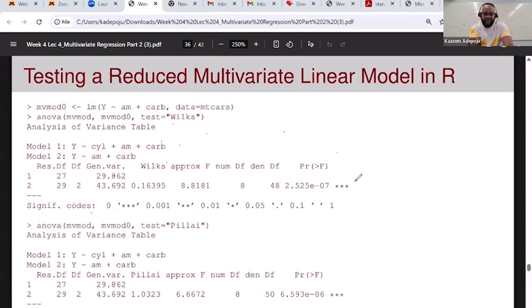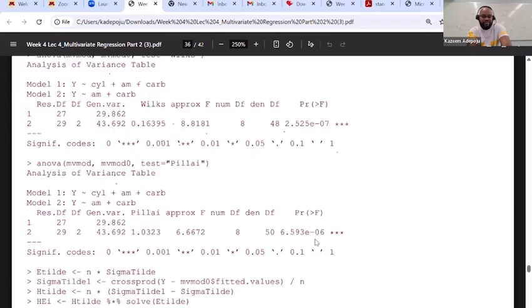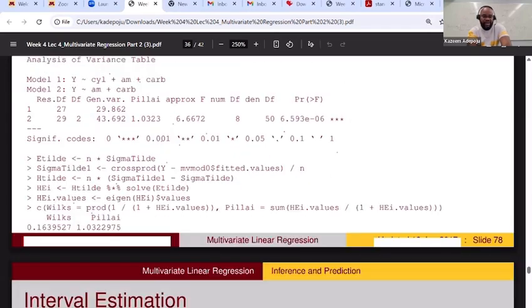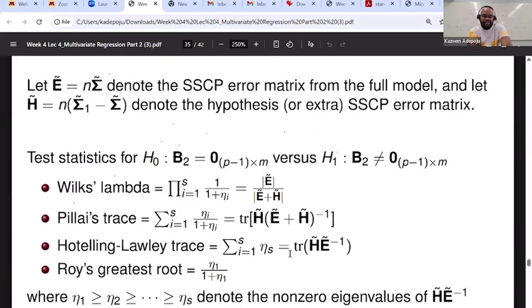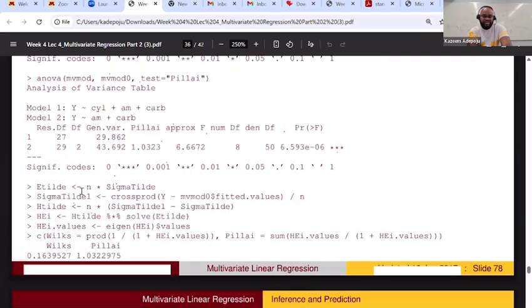When you take a look at what I have here, this is the p-value for the Wilks, whether to reject or not. This one is the p-value for the Pillai trace. If you want to learn how to compute or model, what I showed you the other time, we have them all here, so you can study that.